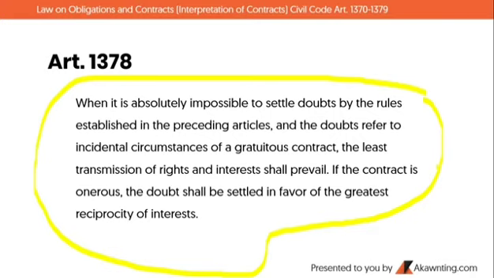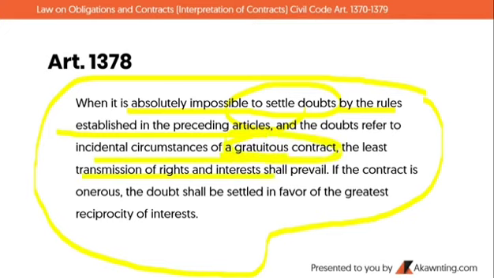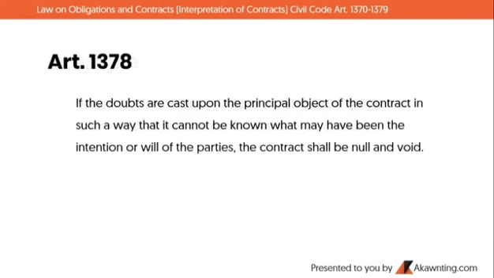So when it is absolutely impossible to settle doubts, okay, so hindi talaga natin masettle kasi yun nga, malabo yung kontrata, by the rules established in the preceding articles, and the doubts refer to incidental circumstances of a gratuitous contract. So we are dealing with a gratuitous contract. The least transmission of rights and interest shall prevail. If the contract is onerous, the doubt shall be settled in favor of the greatest reciprocity.